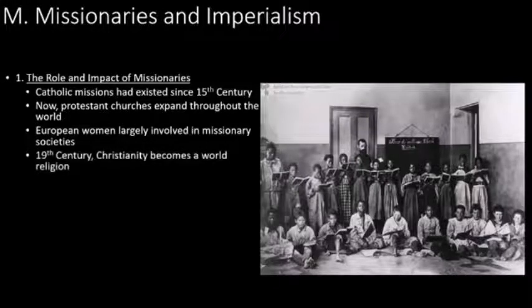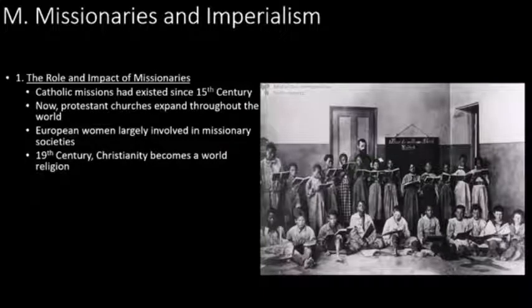So, in the 19th century, something big happens. Christianity actually becomes a world religion. Now you might think, wait, before this, wasn't Christianity a world religion? No, it was mostly a European religion, and Europeans spread that religion to the Americas. But largely Africa, largely the Middle East.